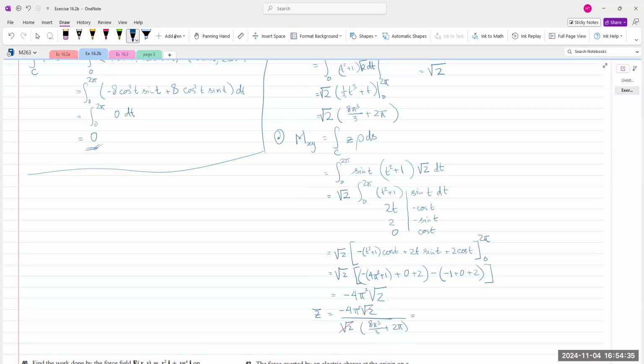That will give me negative 12 pi squared over 8 pi cube plus 6 pi. Oh, we have common factor 2 and pi, huh? So there will be 6 pi, 4 pi squared plus 3. That's the C bar.